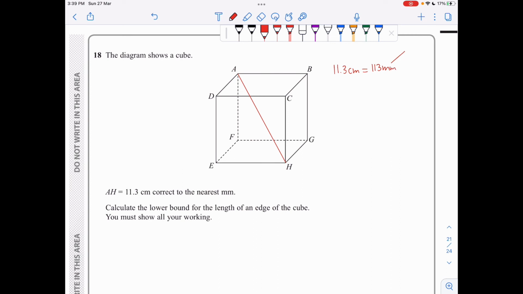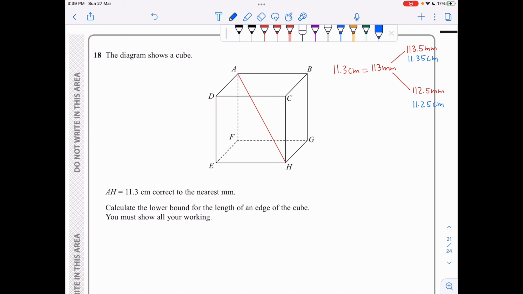So if this is to the nearest millimeter, it means that the upper bound has to be 113.5 millimeters and the lower bound 112.5 millimeters. Which means that in centimeters, it's 11.35 centimeters for the upper bound and 11.25 centimeters for the lower bound.